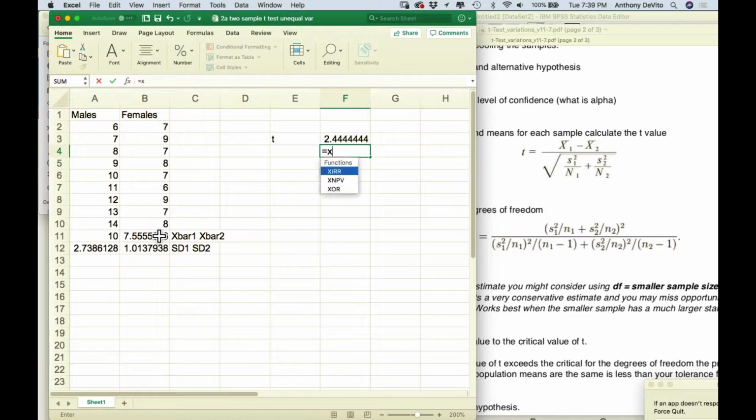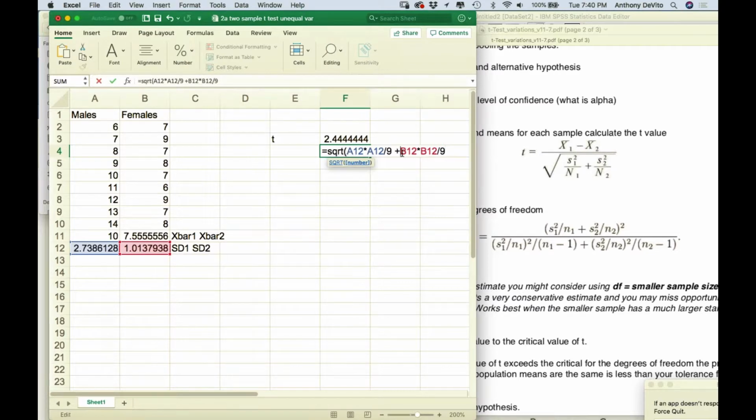It's going to be equal to the square root, and you don't have to necessarily do this all in one shot. You could break it down into smaller bits. The square root of the standard deviation for sample 1, times itself, squared, over the sample size, which is 9, plus the standard deviation for group 2 times itself over the sample size, which is 9.